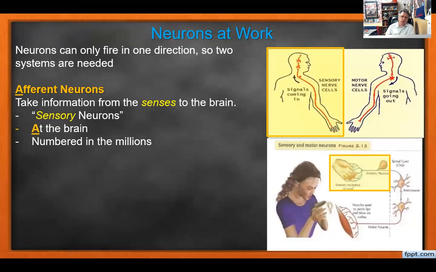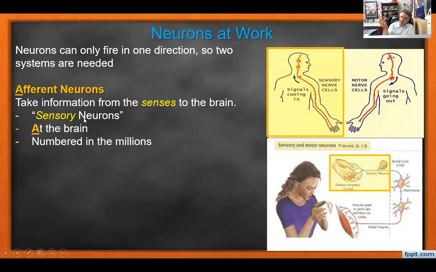All right. So when we're talking about neurons again, as mentioned previously, they can only fire in one direction. So I've got neurons either going to my body or away from my body. Neurons that are coming to my body right here are afferent neurons, also known as sensory neurons. Think of them as afferent, they're going at my brain. Sensory neuron, because they're my senses.